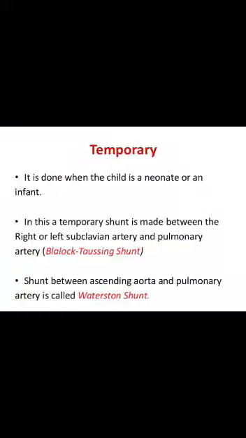Firstly, in temporary surgical intervention, a temporary shunt is made between the right or left subclavian artery and the pulmonary artery. We can give a Blalock-Taussig shunt. Next is a shunt between the ascending aorta and pulmonary artery, called the Waterston shunt.